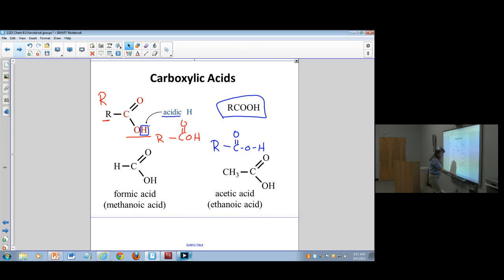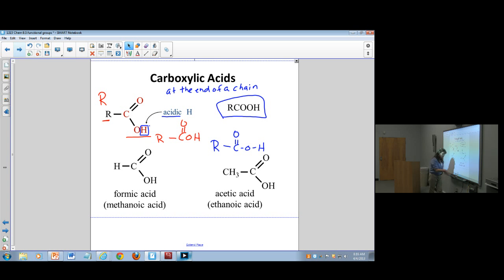I want you to notice carboxylic acids are at the end of a chain. Just like when we had aldehydes and ketones, both of those are C double bonded O's. The aldehyde is at the end and the ketone is in the middle somewhere.